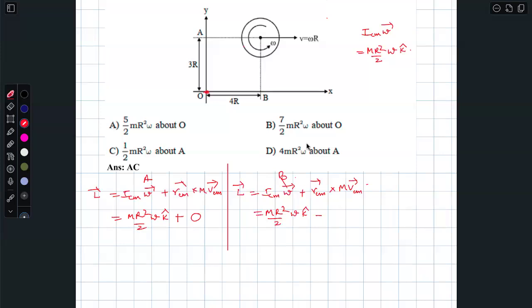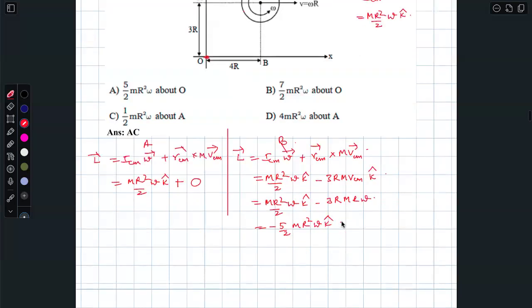Then how does it become? This distance is 3R, M VCM K cap. By the way, VCM is R omega. So this will become MR square by 2 omega K cap minus 3R MR omega. Okay, this is minus 5 by 2 MR square omega K cap. This is about B.